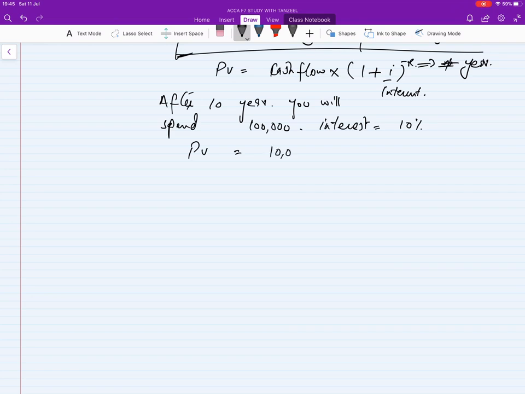So how do you calculate? 10,000 multiplied by 1 plus 10% to the power minus number of years, 10. So let me change this. Instead of 10 I will write 5%, so you will not get confused. So you can say after 5 years how much you are going to give.